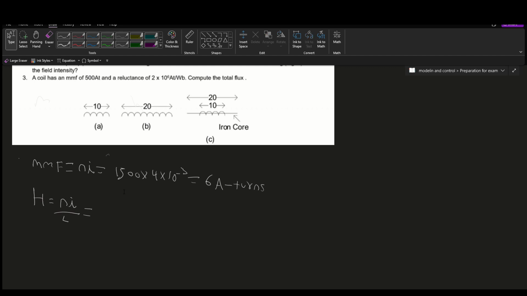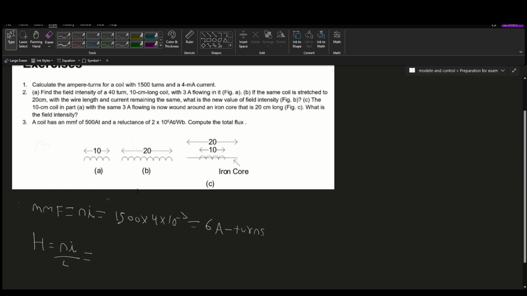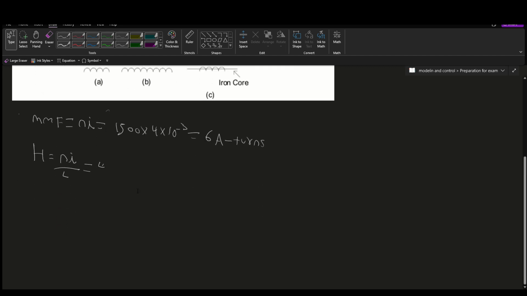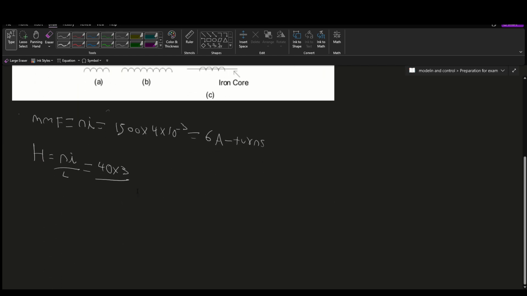So for this case we have an N of 40 turns. We have 3 amps over a mean length path of 10 centimeters, because that's the coil.